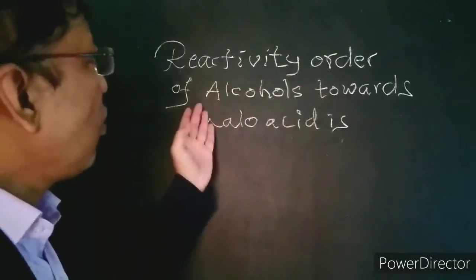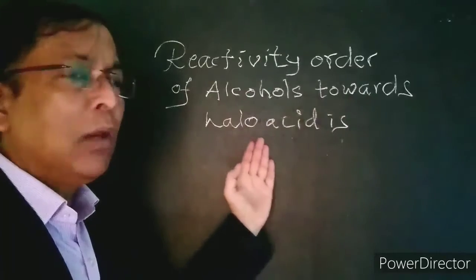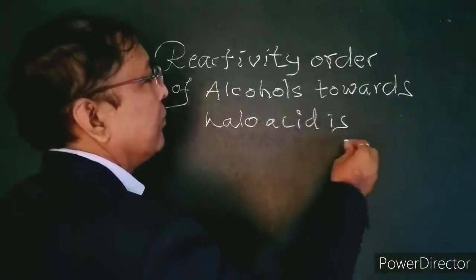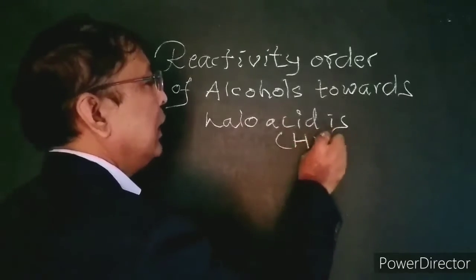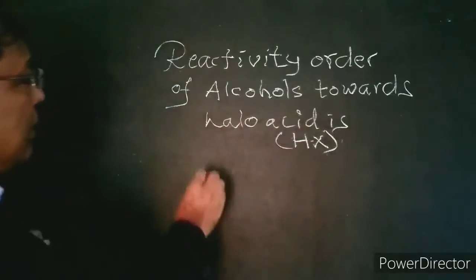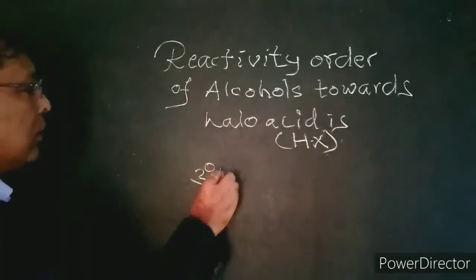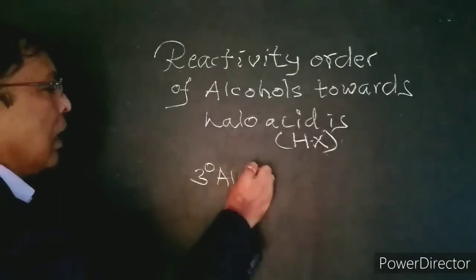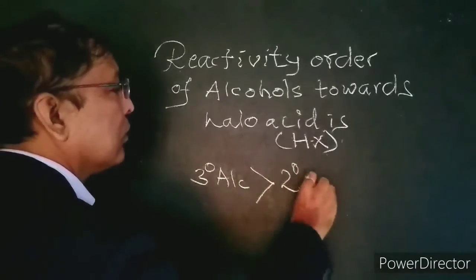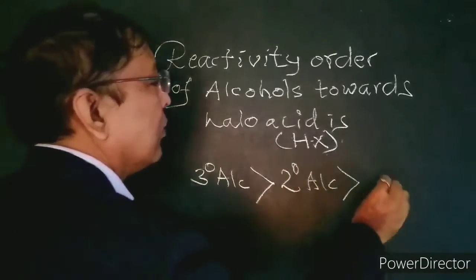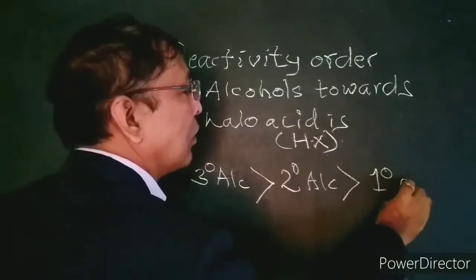The reactivity order of alcohols towards halo acid, that is HX, is tertiary alcohols are more reactive than secondary alcohols than primary alcohols.